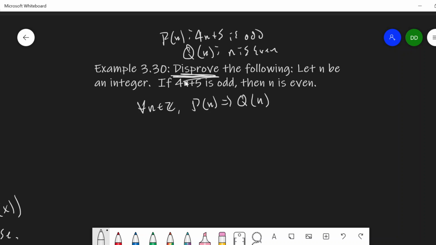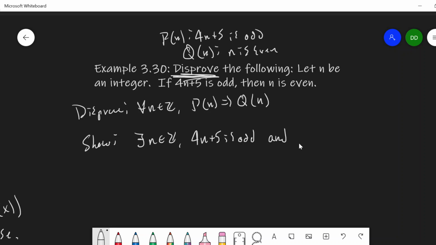So what do we have to do here? We're disproving this, so we need to show that there exists an integer n such that P of n is true, such that 4n plus 5 is odd, and n is also odd.